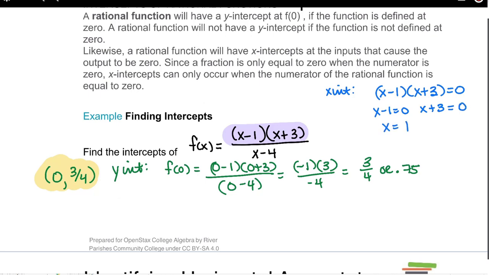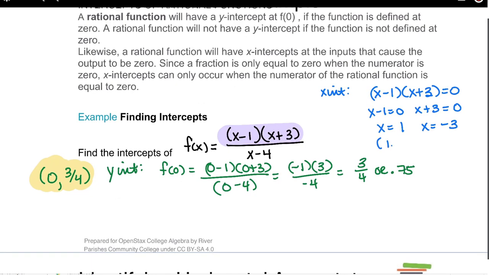We get x equals positive 1 and x equals negative 3. So we have the points (1, 0) and (negative 3, 0). So those would be our x-intercepts. The y-intercept is (0, 3/4), and the x-intercepts are (1, 0) and (negative 3, 0).